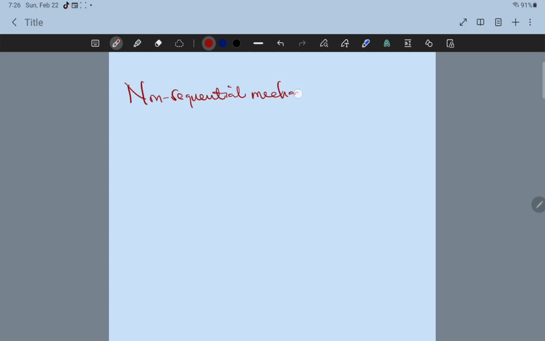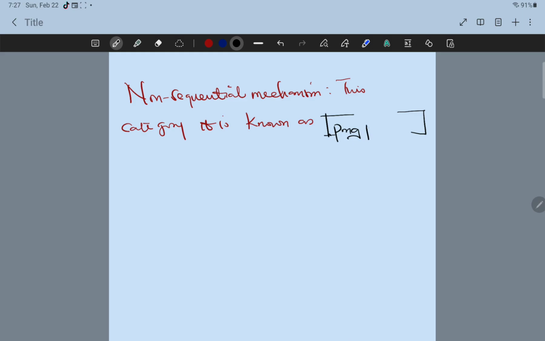Now, moving forward, we now talked about what we understand by the non-sequential mechanism. In this category, it is also known as what we call the ping pong bye-bye mechanism.